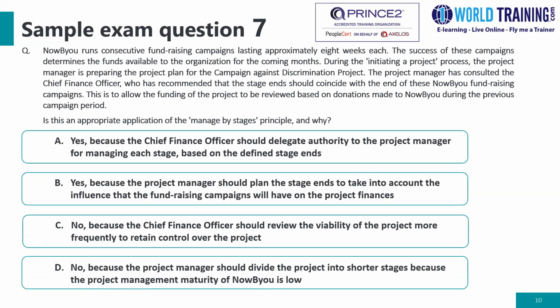The PM has consulted the CFO, who has recommended that the stage ends should coincide with the ends of these Now BU fundraising campaigns. This is to allow the funding of the project to be reviewed based on donations made to Now BU during the previous campaign period. Is this an appropriate application of the manage by stage principle, and why?